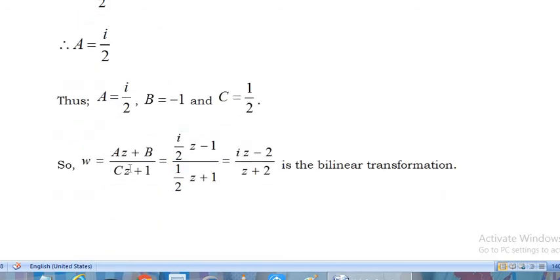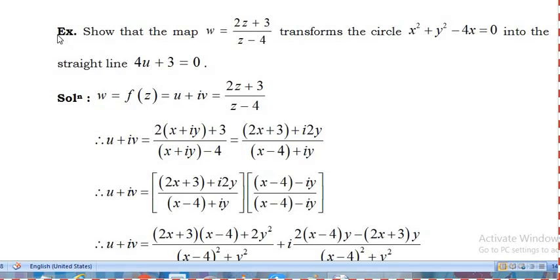Thus, we have obtained A equal to I by 2, B equal to minus 1, and C equal to half. Therefore, W equal to (AZ + B)/(CZ + 1) becomes (I/2 Z - 1)/(1/2 Z + 1), that is (IZ - 2)/(Z + 2), the bilinear transformation.